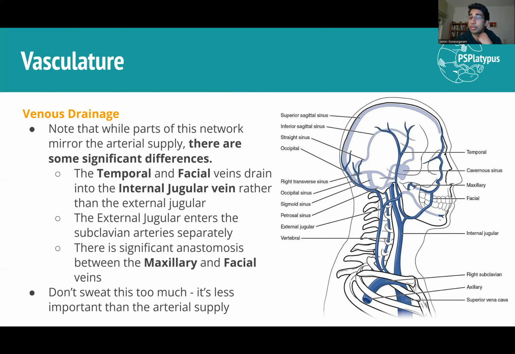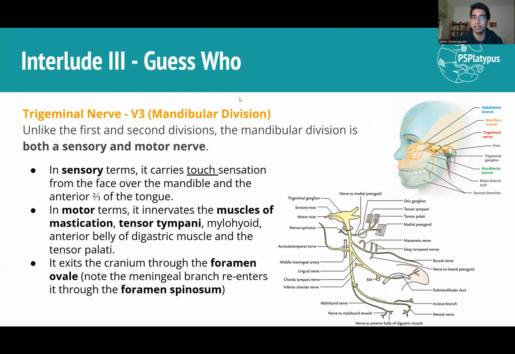At the same time, it's mostly your maxillary, your mandibular, and your occipital veins that go through the external jugular, and they go separately. Yeah, that's all I need to talk about. And there you guys can obviously read up more if you're interested.